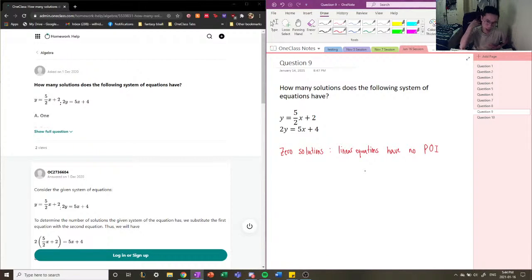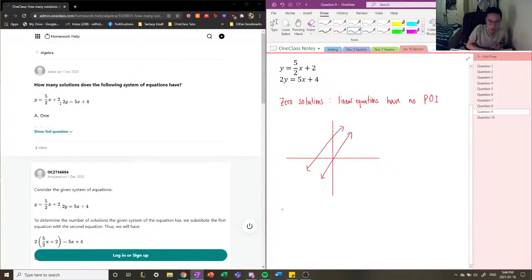So that's why they have no point of intersection if they're parallel. Visually, it looks something like this, where there are two lines parallel to each other, so they never intersect. They have the same slope, not the same y-intercept.